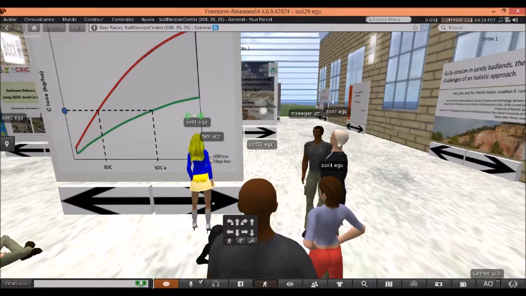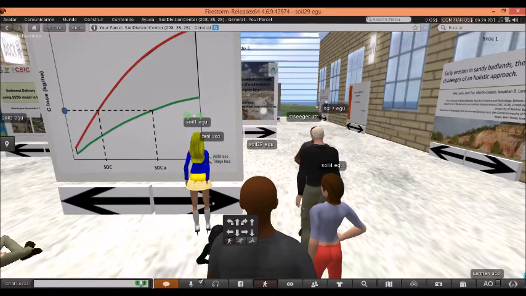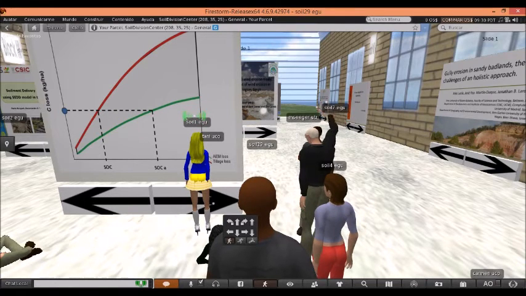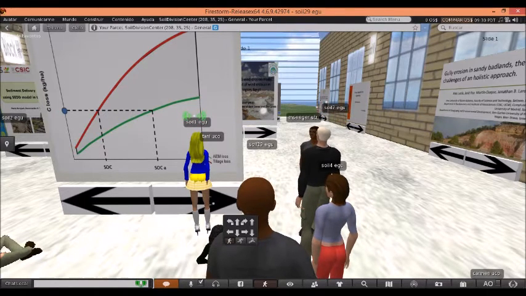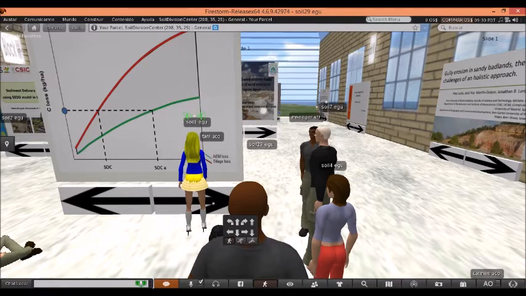Here are presented the two equations that I showed before, and the red line represents a function of soil organic carbon loss in relation to SOC content, while the green line represents the SOC loss in agro-environmental measure. So imagine for a given value of soil organic carbon, the soil loses an amount of carbon that here is represented by the blue circle.